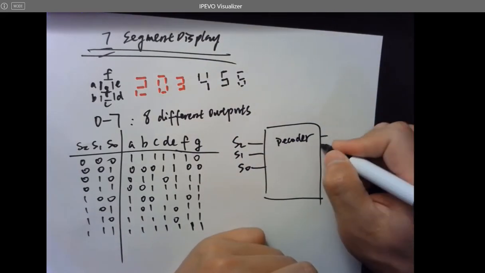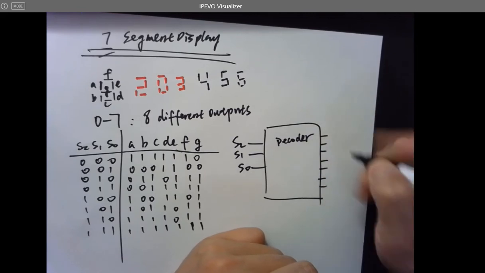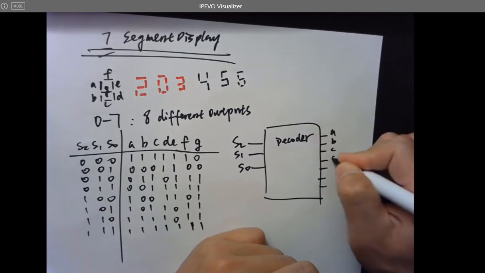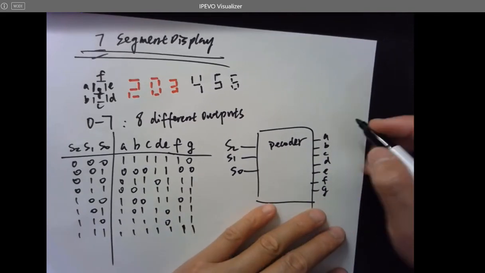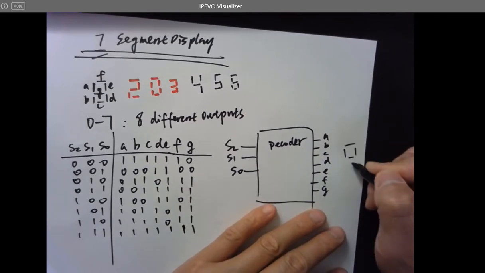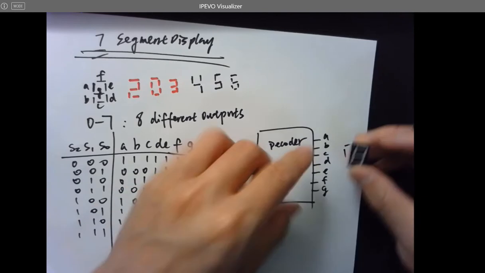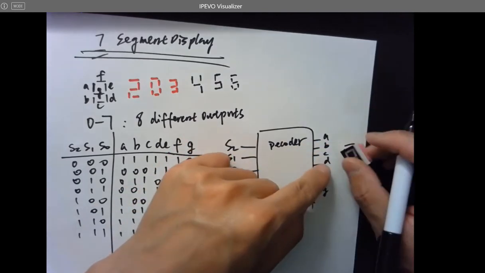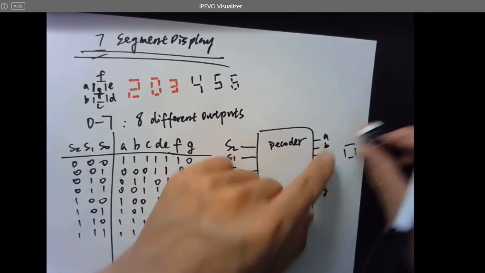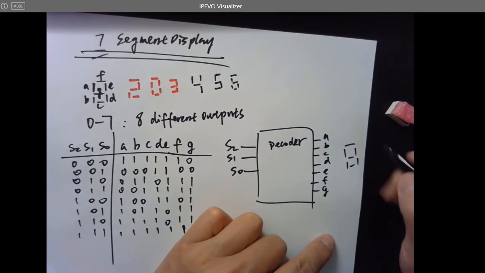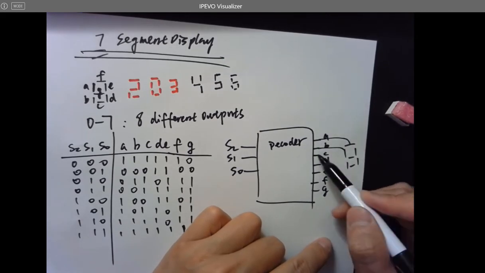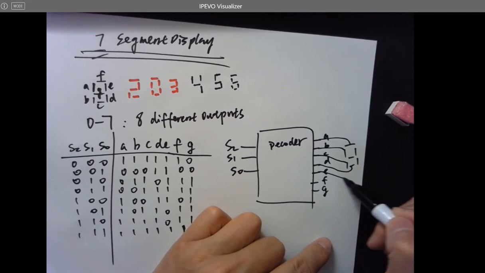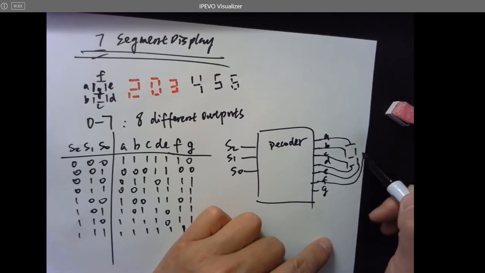1, 2, 3, 4, 5, 6, 7. So A, B, C, D, E, F, G, and every output of the decoder controls one LED. You just connect each output to the corresponding wire of the display module. A controls that one, B controls that one, C, D, E... Wait, I made it wrong.